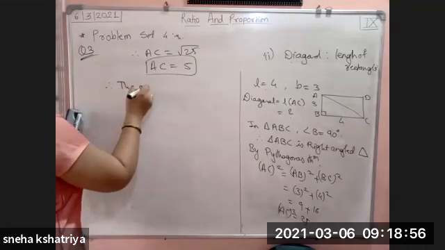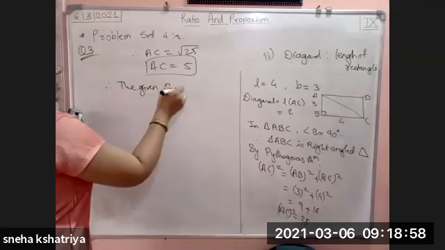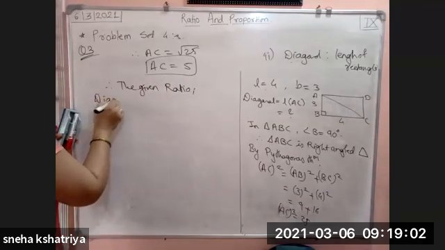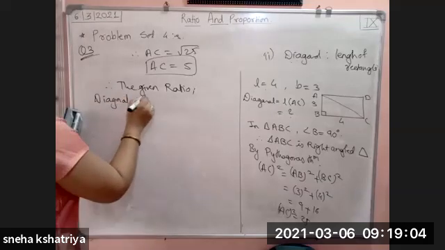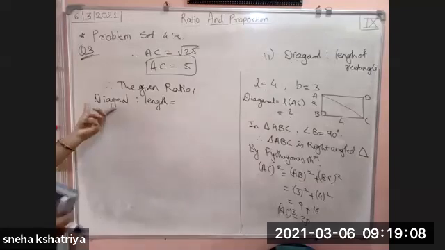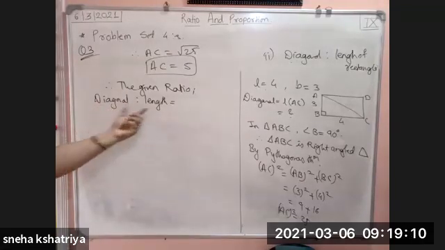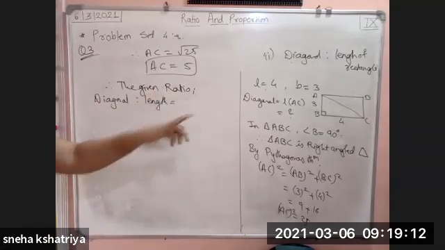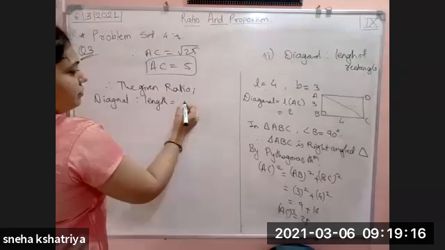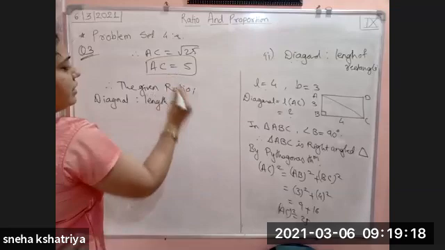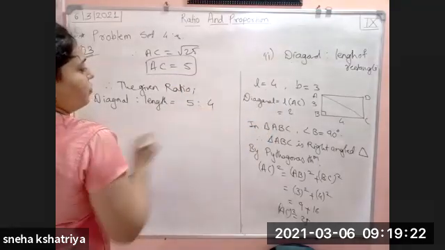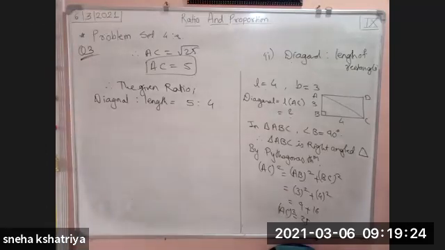Therefore, the given ratio, diagonal to length. I'll write in short because the diagonal is of the rectangle only and the length is also of the rectangle. So diagonal to its length is equal to, what is the diagonal? Here the diagonal is 5 is to 4. What is the length? 4. This is the reduced form.